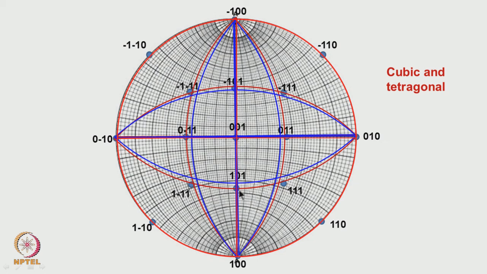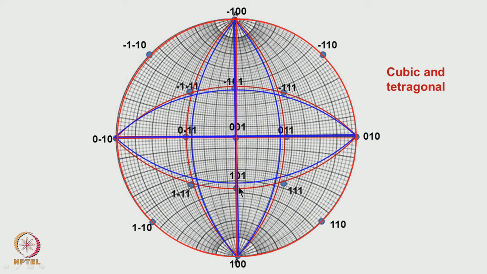So this way, when we know that the pole corresponding to 100 is there, we can draw the great circles at 90 degrees corresponding to that pole. But one has to be quite careful about what the angle is between this and this.